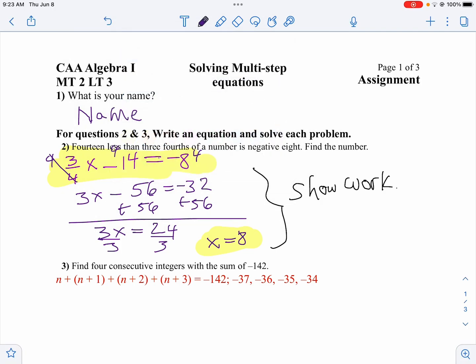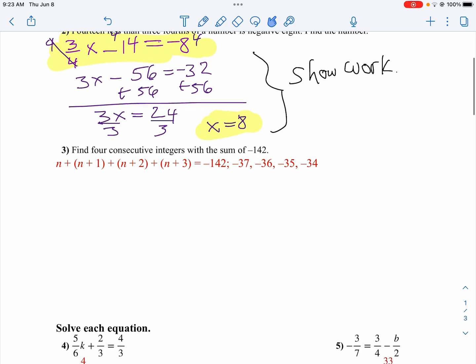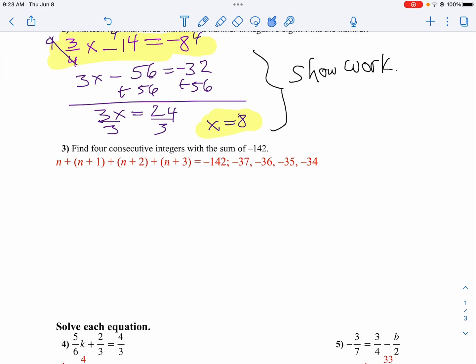On number 3, I gave you the answer here, but let's go through how you would get that answer. So first off, I'm going to find 4 consecutive integers. So I'm going to define my variables. I'm going to let my first integer be n.